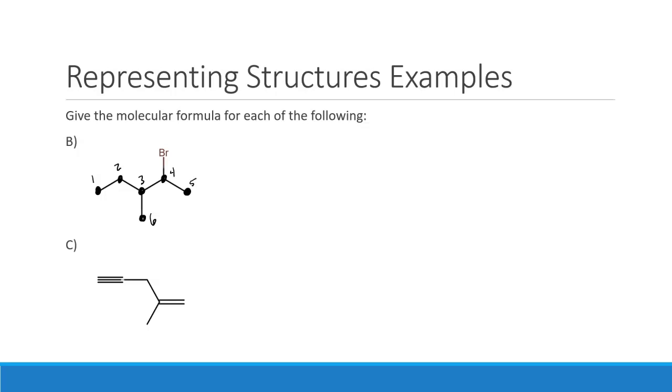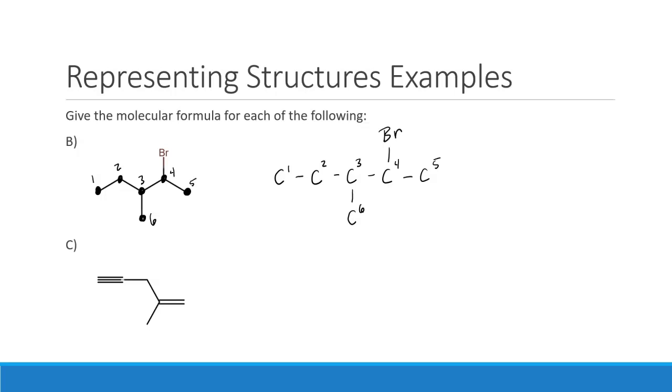Okay, so if we want to start off by doing a condensed formula, or you can do expanded if expanded is easier, we'll have carbon number 1, carbon number 2, carbon number 3, number 4, and number 5. And off of carbon number 3 is carbon number 6. And then on carbon number 4, there's a bromine.